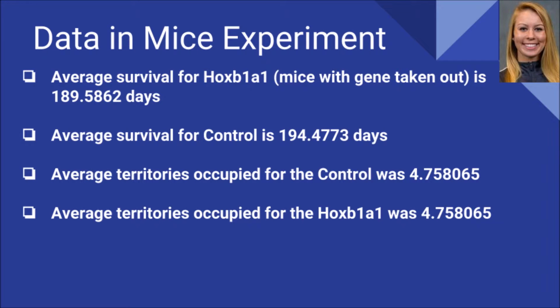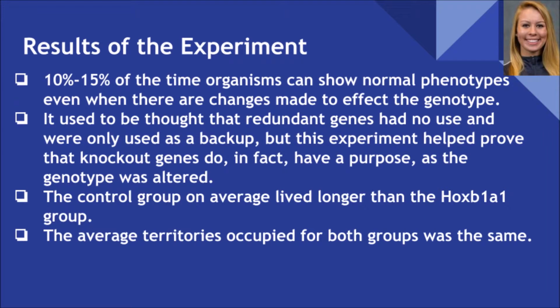The average territories occupied for the control was 4.758065. The average territories occupied for the HOXB1A1 group was 4.758065. The results showed that the control group on average lived longer than the HOXB1A1 group. The average territories occupied for both groups was the same.